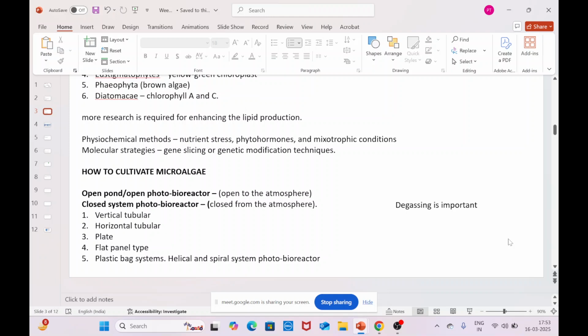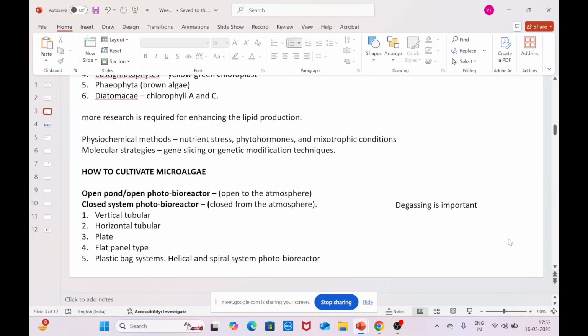One thing is cleaning. All the factors for the closed bioreactor are advantageous, but the problem is that cleaning is required in closed bioreactors. However, in open bioreactors, that is not necessary, but they have a major problem of contamination risk.